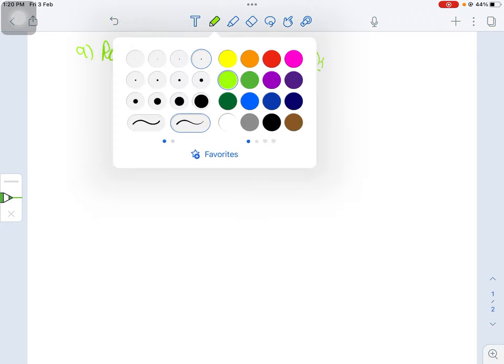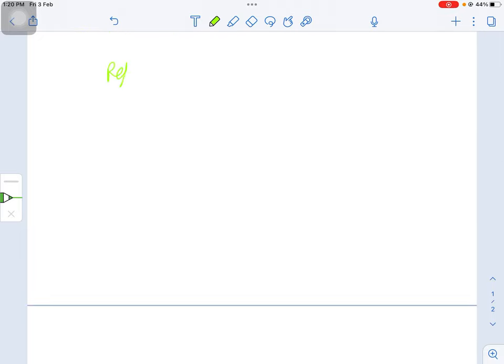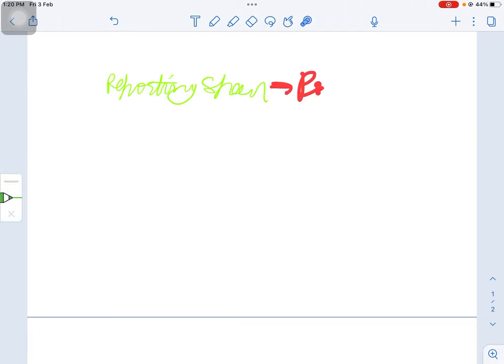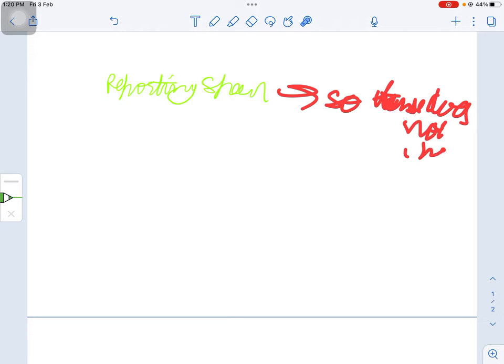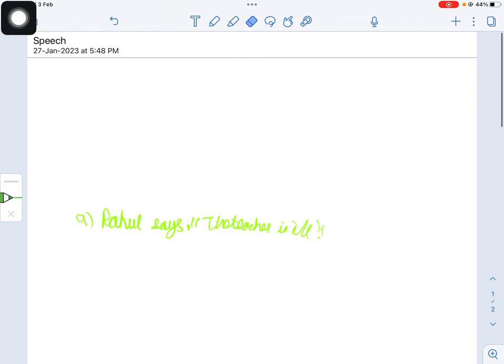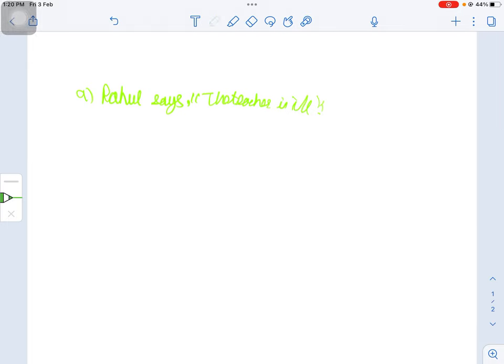If the reporting speech is in the present, the tense does not change. This was the last rule. If there is any other rule, I will share it in part 2 of this. So, Rahul says the teacher is ill.